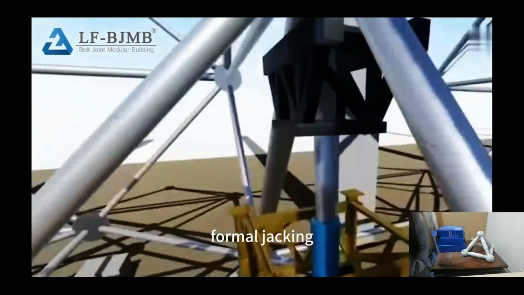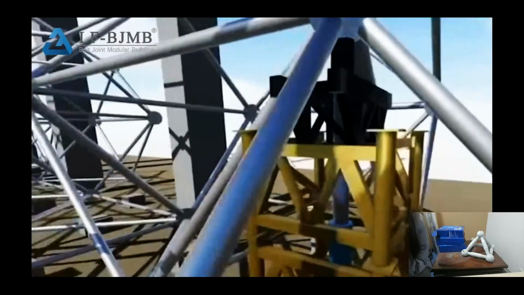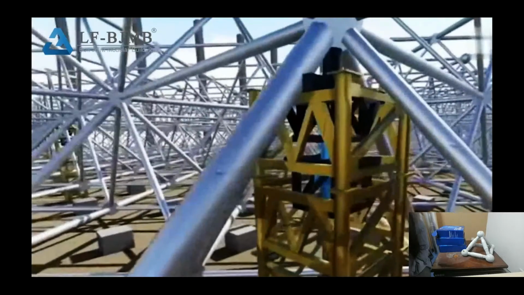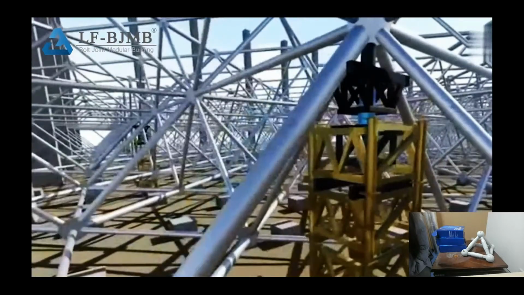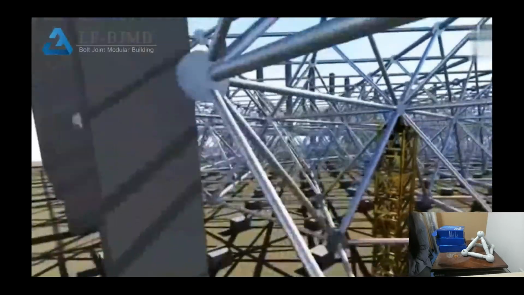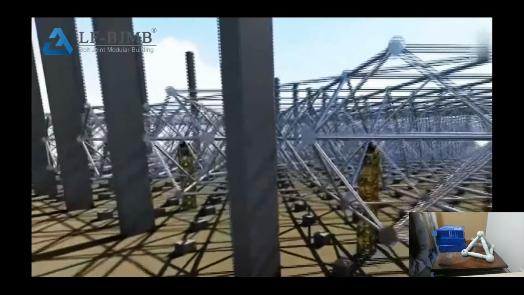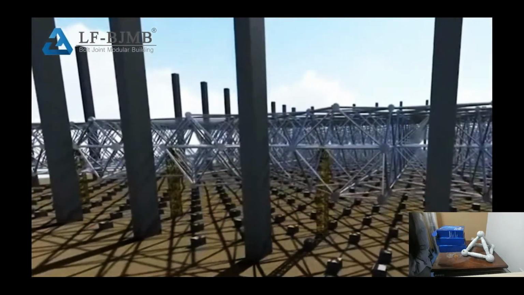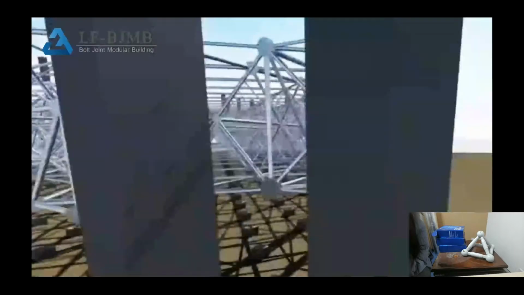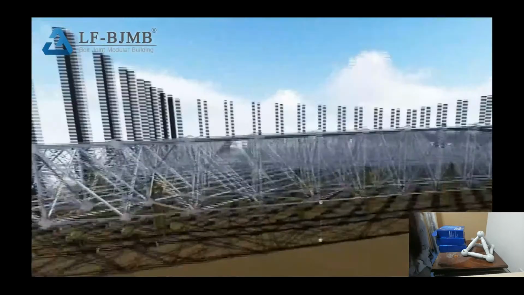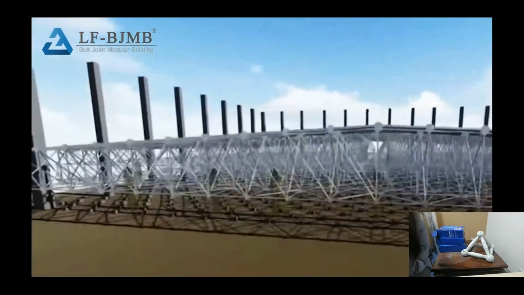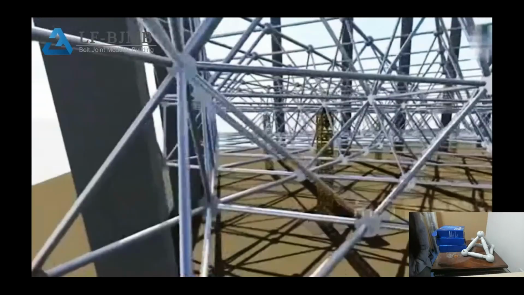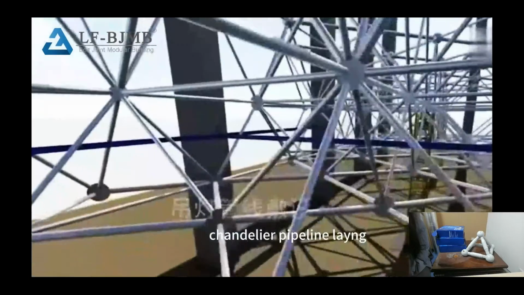Formal jacking. Chandelier pipeline laying.